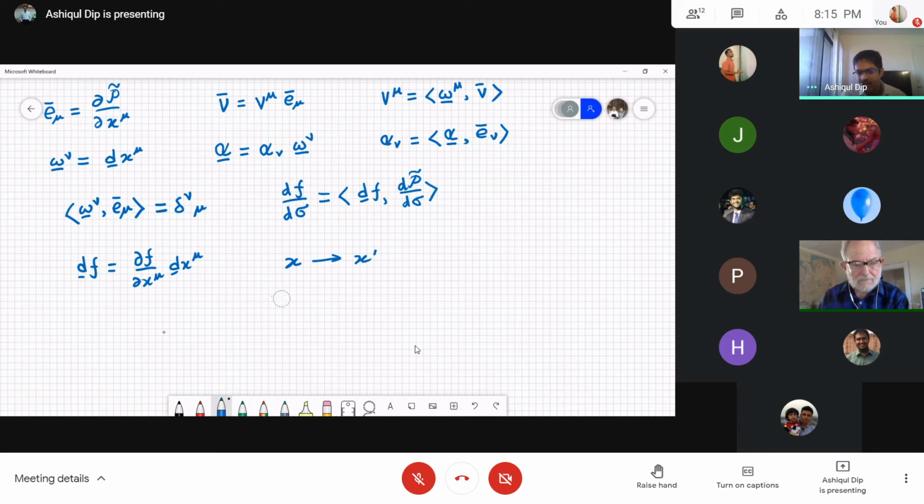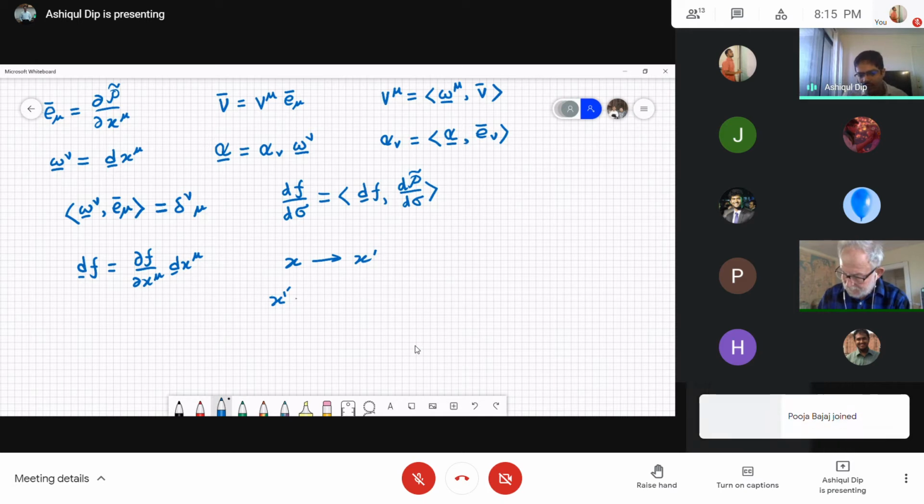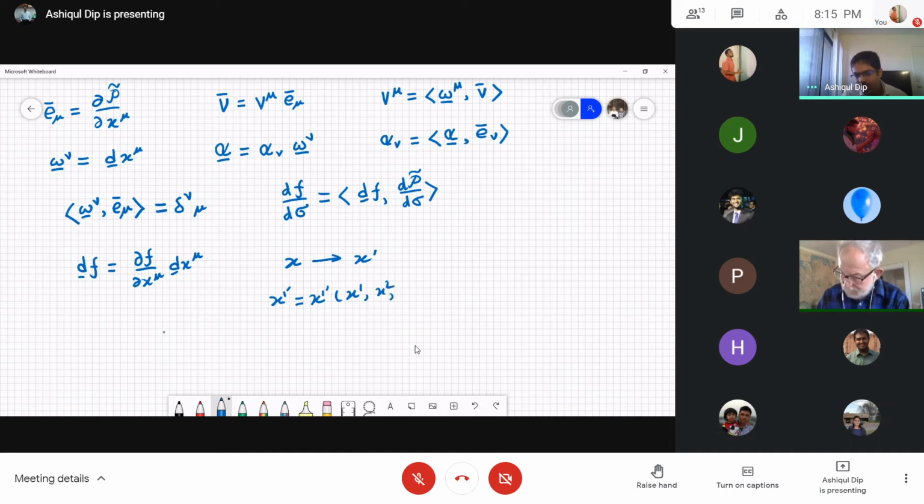But here we are using upper indices for coordinates, so we have to write it like this. It might look odd, but that's the standard notation. So x1 prime is a function of x1, x2 up to xn, for an n-dimensional system.